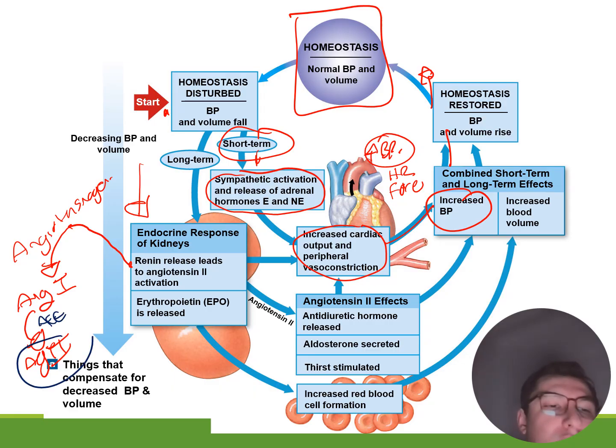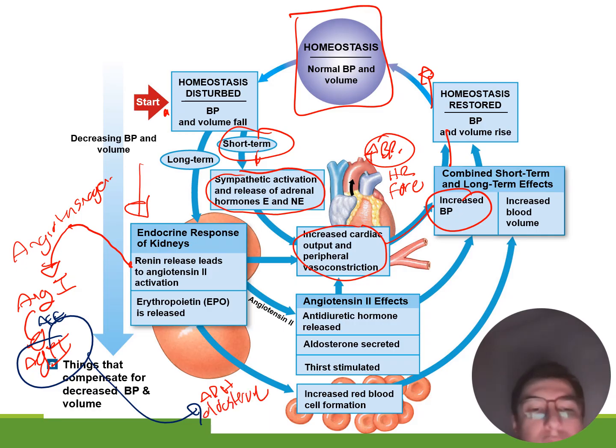And it is this angiotensin 2 that goes on to cause the release of multiple molecules, and that is going to be antidiuretic hormone and aldosterone. Antidiuretic hormone is going to cause us to eliminate less water, and with that we're going to have an increase in blood volume.